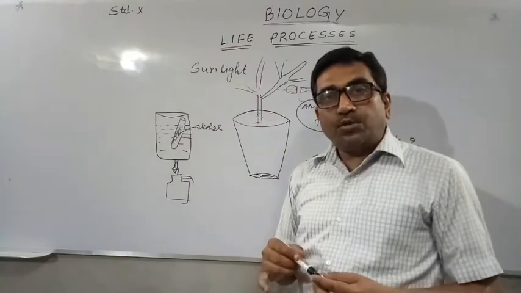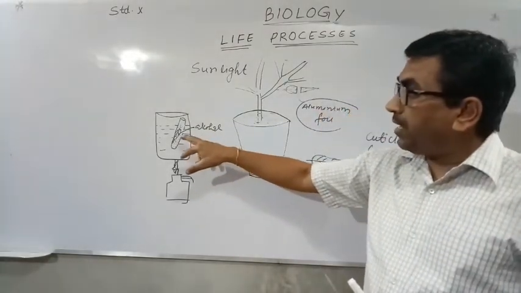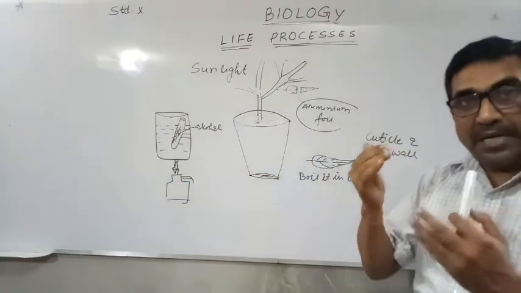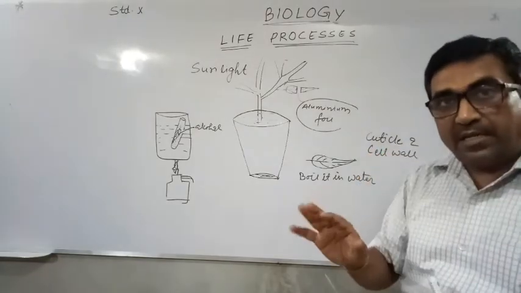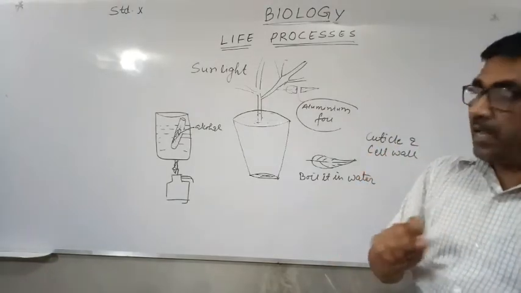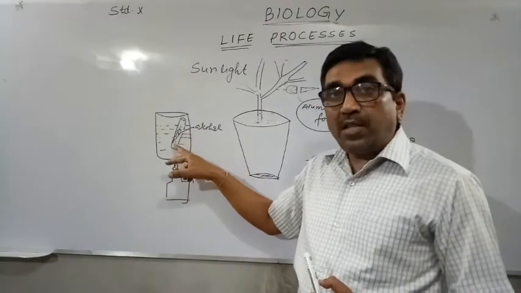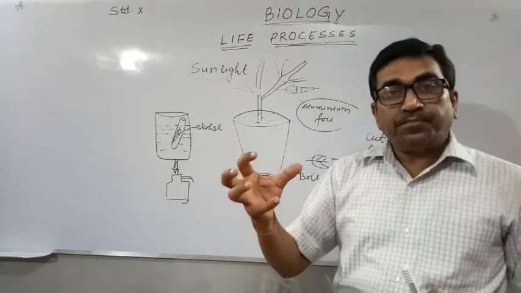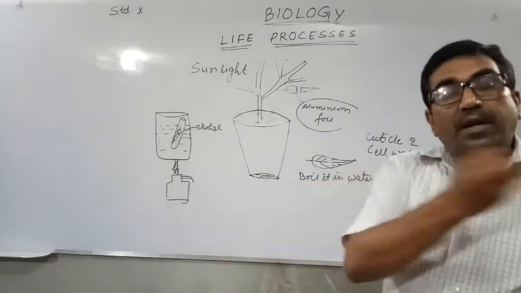The leaf has been kept in it, then what happens? When we boiled the leaf in water first, it died, and the cuticle and cell wall were loosened. When we boil it indirectly in alcohol, the chlorophyll is taken out.